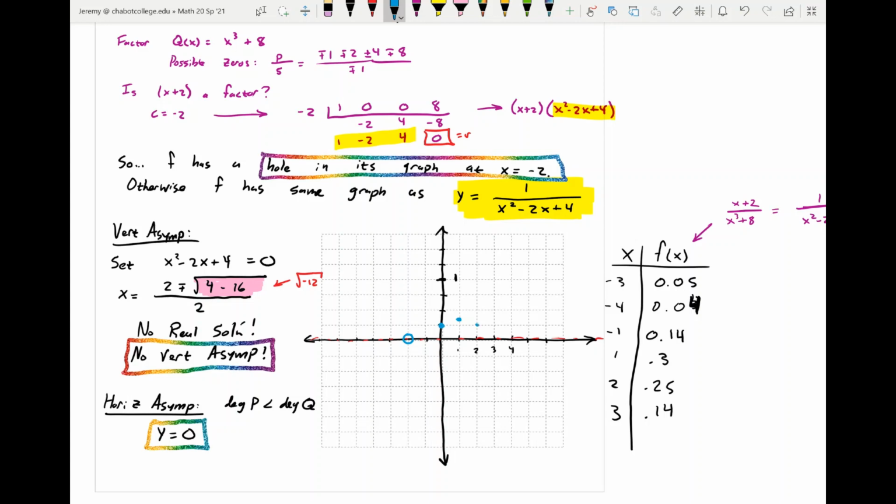And then it goes back down, and our values start approaching the x-axis because we have an asymptote there. So it's going to go down like that, and then on the left side it's going to be the same kind of thing, and we're just going to get really close to the x-axis on the left side as well.